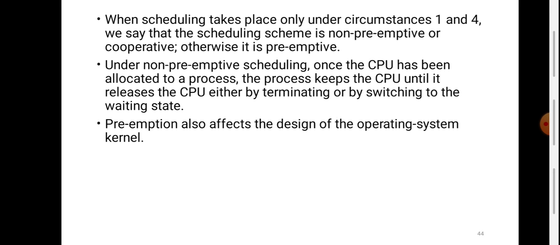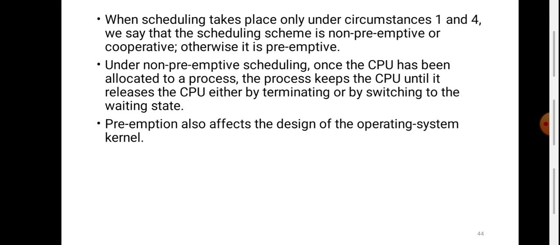Under non-preemptive scheduling, once the CPU has been allocated to a process, the process keeps the CPU until it releases it, either by terminating or by switching to the waiting state. In non-preemptive scheduling, if a CPU is allocated to a process, that process keeps the CPU until it completes its execution.